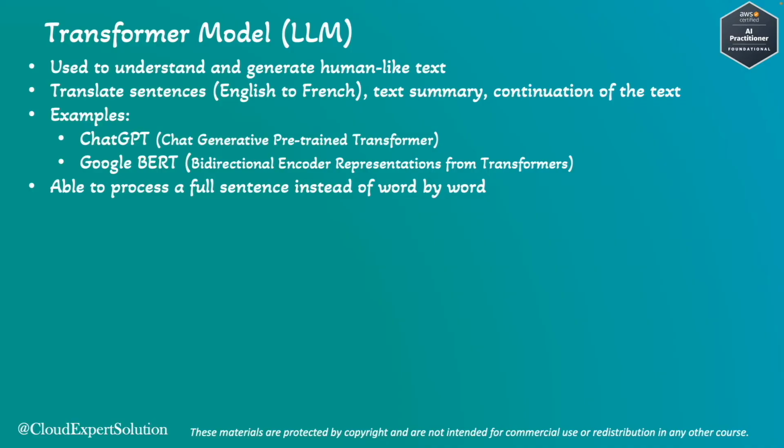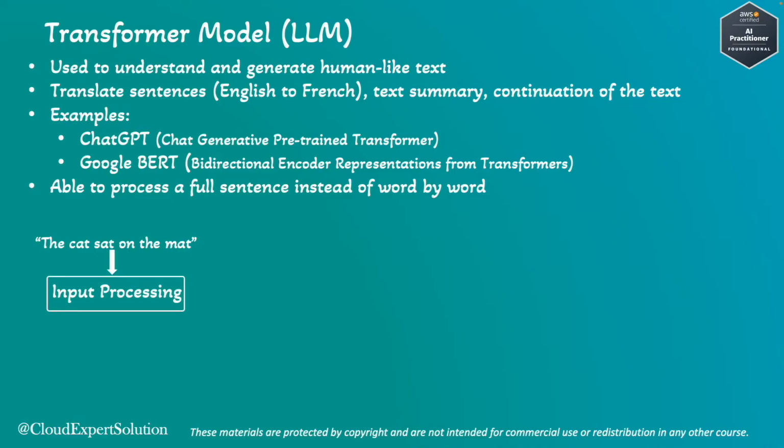Now I will try my level best to explain how transformer models work, because these are complex models. Let me try with an example. Let's say we have the text, the cat sat on the mat, and we want to feed this text, and maybe we want a translation from English to French, or maybe we want a summary of this. Now let's see how the transformer model will work. The first step is input processing.